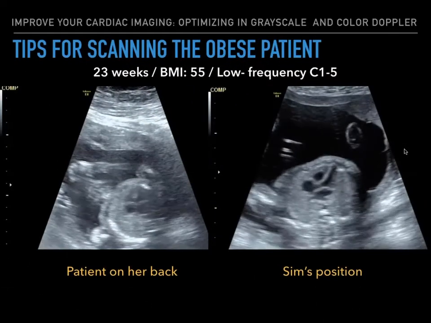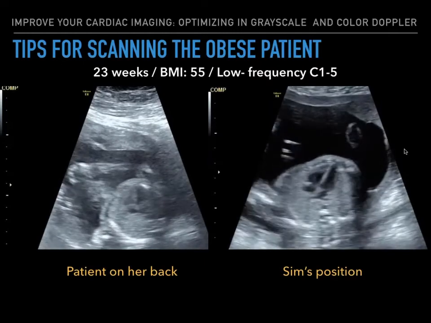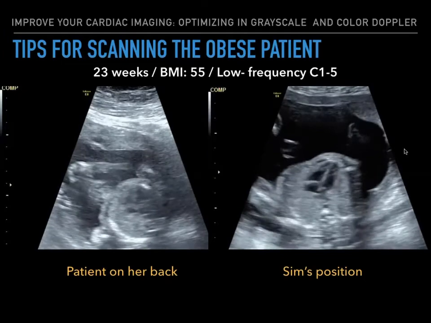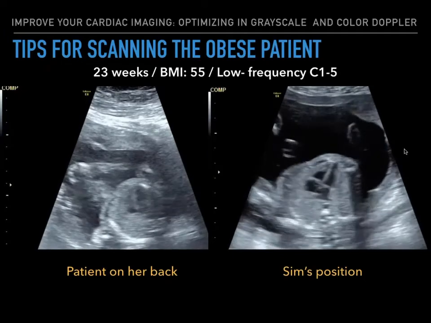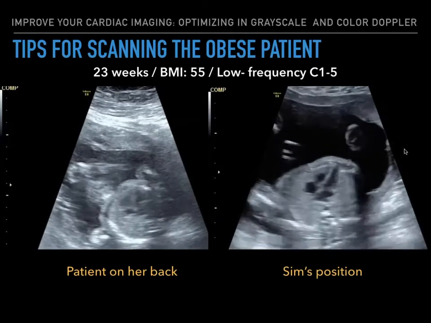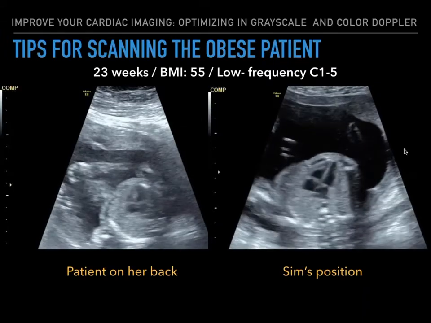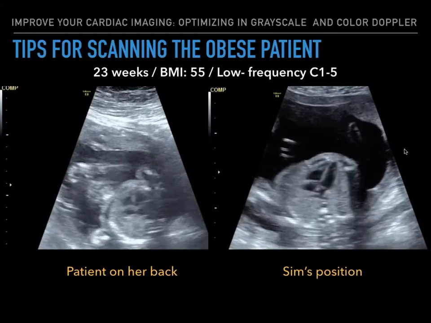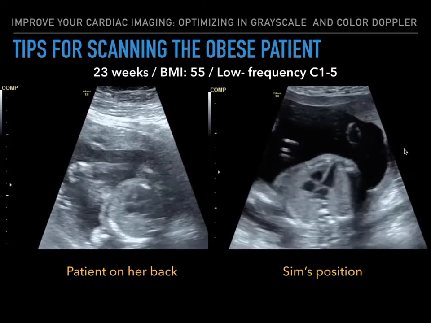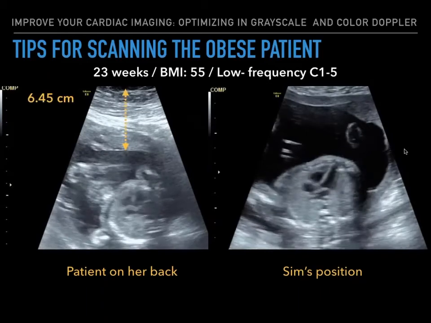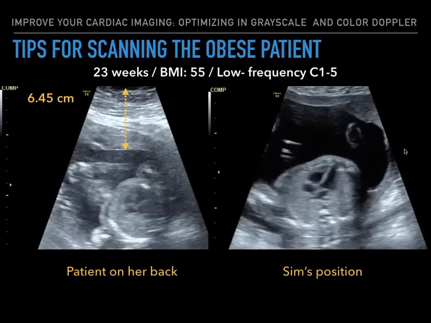It's very important to stress how patient positioning can actually reflect on how our images would come out. Here is a 23-week fetus with a BMI of 55. This is a very obviously difficult scan. We utilize a low-frequency transducer. Here we have the patient on her back, and you can see an increased imaging depth of 6.4 centimeters.